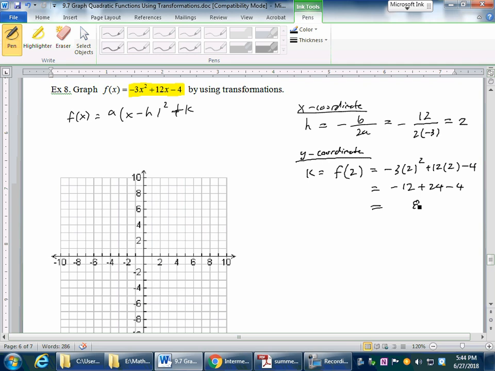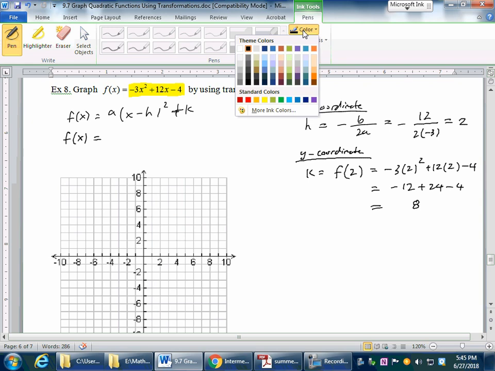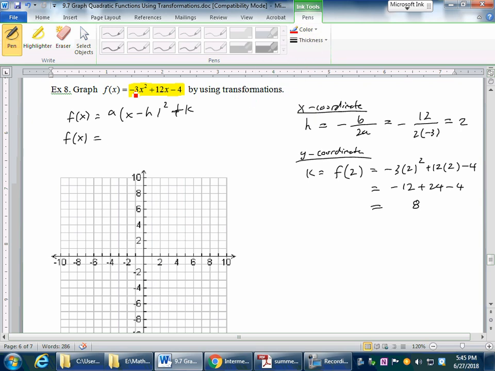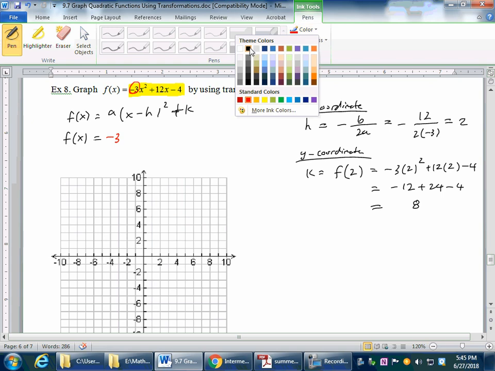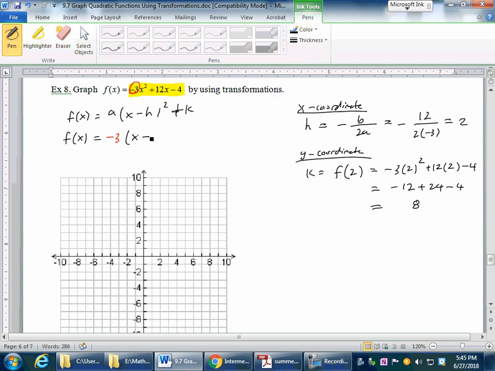So now I know my h and k, so I can plug it in. F of x is equal to my a, which is the value right here, negative 3, times x minus my h, that is 2, quantity squared, plus my k, in this case, 8.